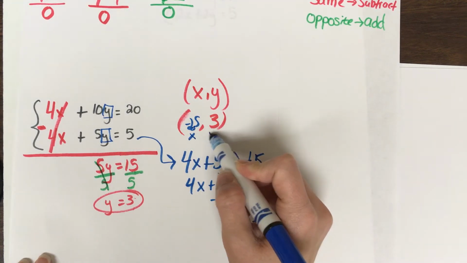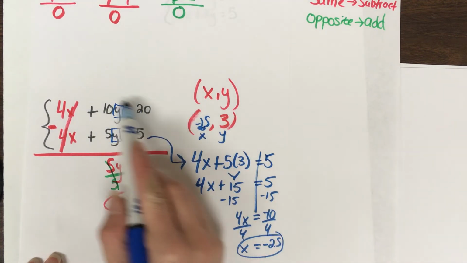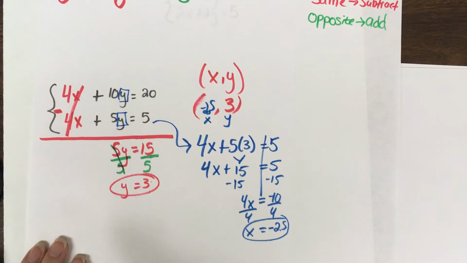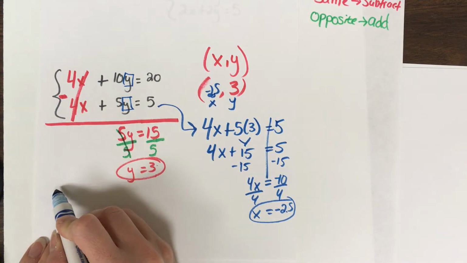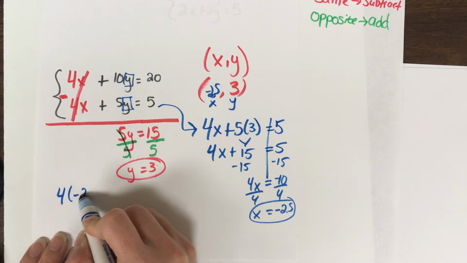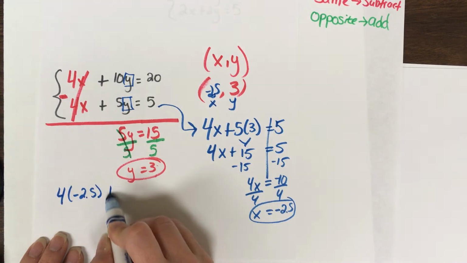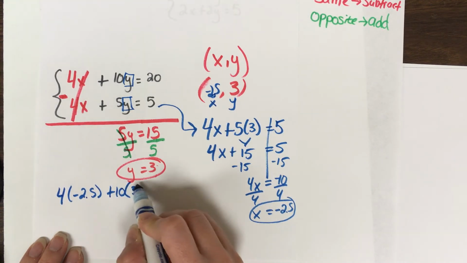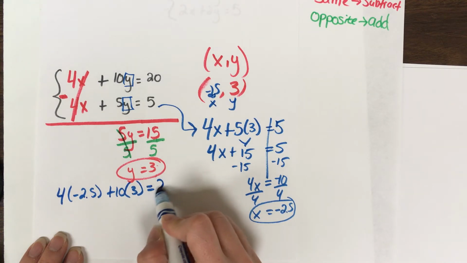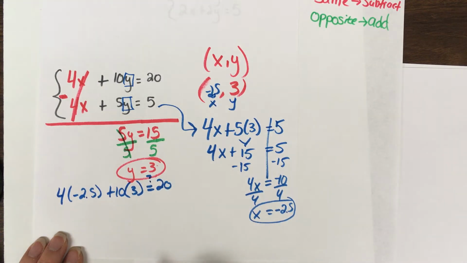Now you can always check your answers, and to check your answer, you just plug your x coordinate in for x and your y in for y in your original equation. So if I were to check my first equation, 4 times negative 2.5 plus 10 times 3, does that equal 20?